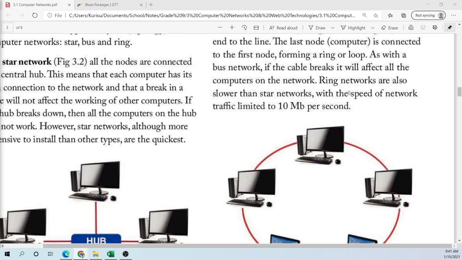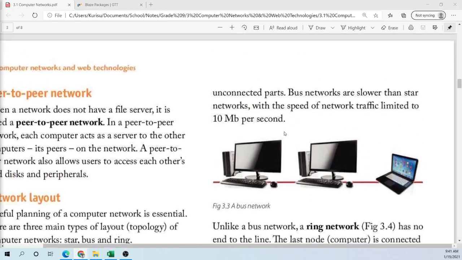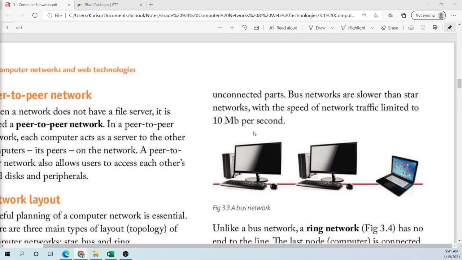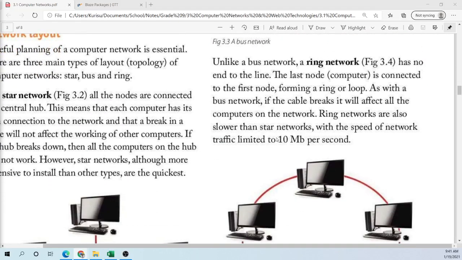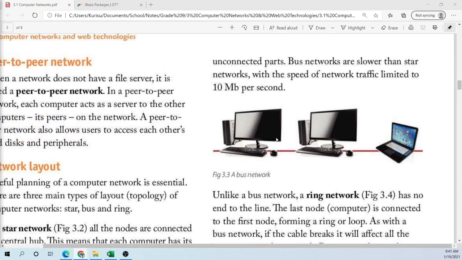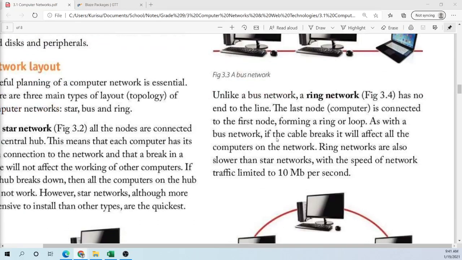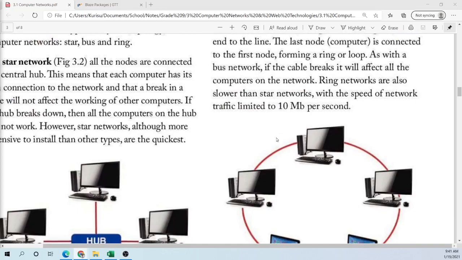The network is once again limited to 10 megabits per second, just like the bus network. So even though the ring network and the bus network are the cheapest and the easiest to set up, we mostly want our network for speed, for the transmitting of data.